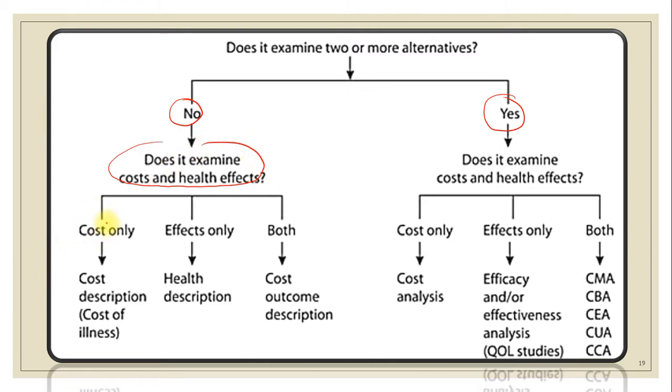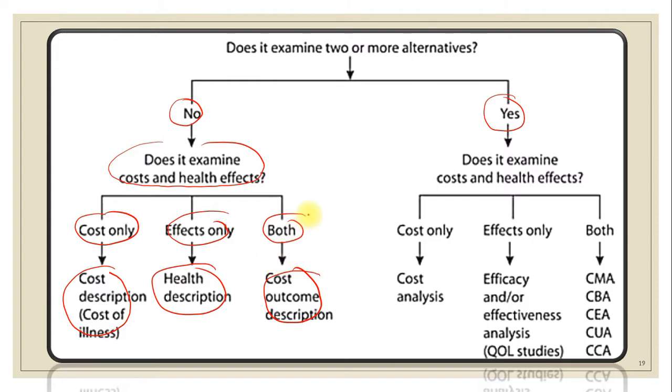If it examines cost only, then it is called cost description, that is cost of illness. If it describes effects only, then it is the health description. And if it examines both, that is cost and effect, then it is called cost outcome description.